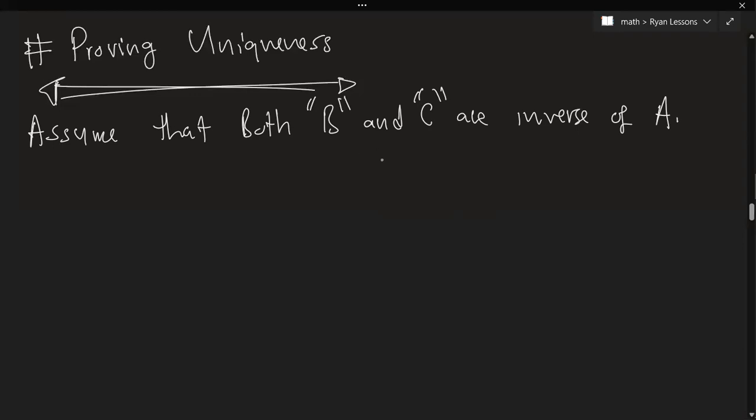So I'm going to take one of these inverses and do some manipulation. I'll take B. So do we agree that B is the same thing as BI?